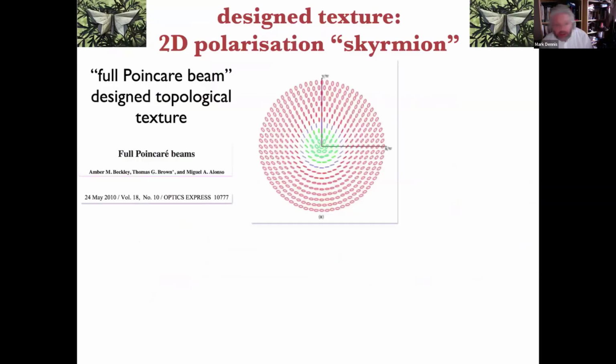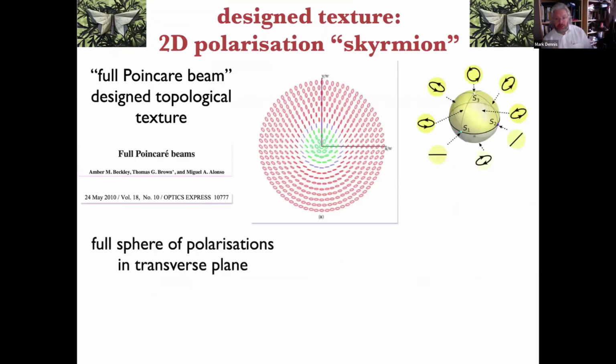This is a field that Miguel Alonso and colleagues introduced some time ago. Several speakers have mentioned it already today, this idea of full Poincare beams, because over the entire XY plane, going all the way to infinity, it includes all of the possible polarizations. Here with circular polarization in the middle and green.